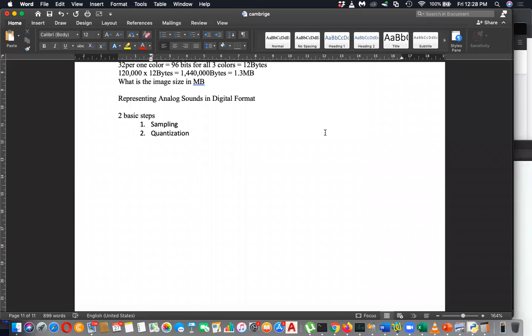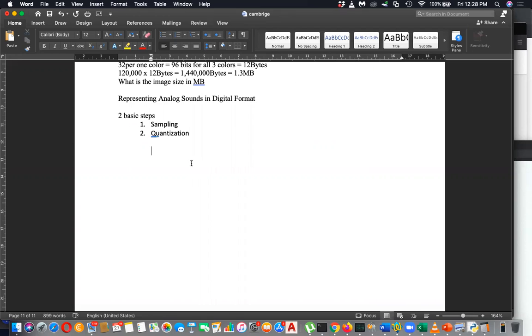One image has 10 pixels per inch and the second image has 100 pixels per inch. Which is more quality? The one with 100 pixels. Yes, the one with 100 pixels is more quality.